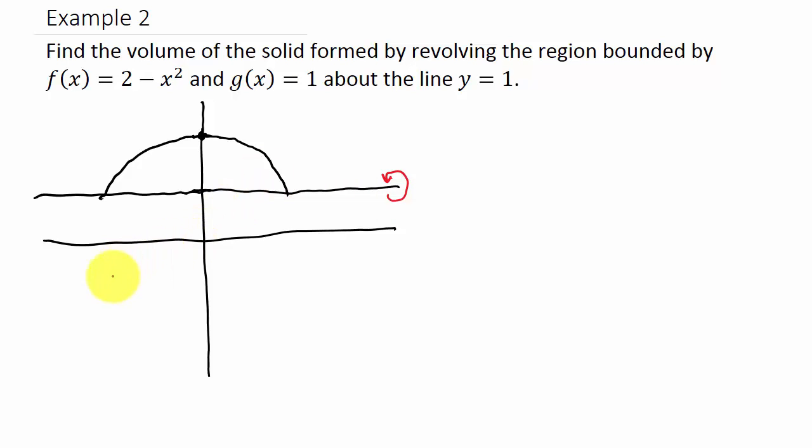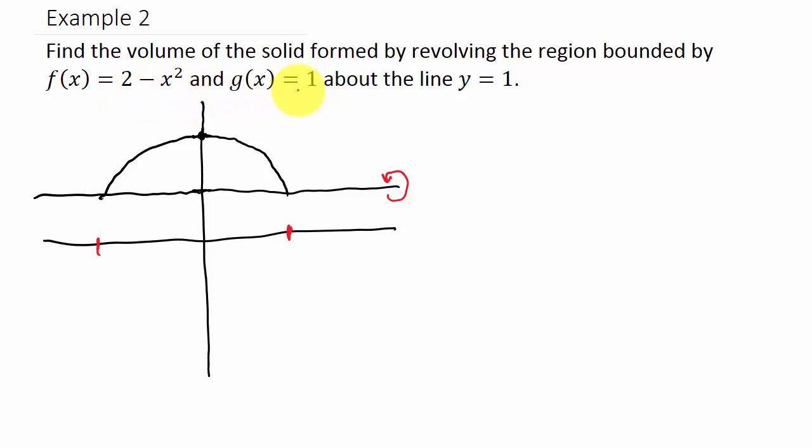All right, so now I need to figure out my limits of integration. I'm going to integrate from what to what? Well, we need to know, when does this curve intersect this line? When does 2 minus x squared intersect the line y equals 1?